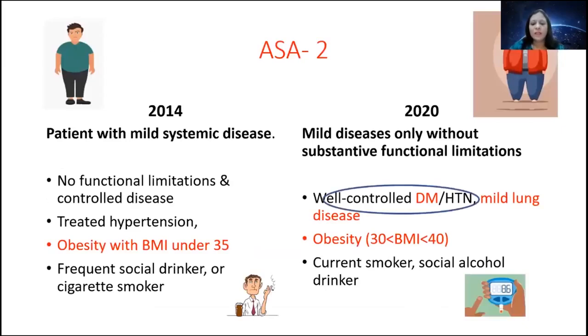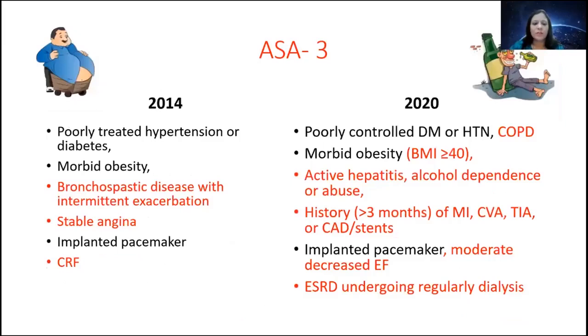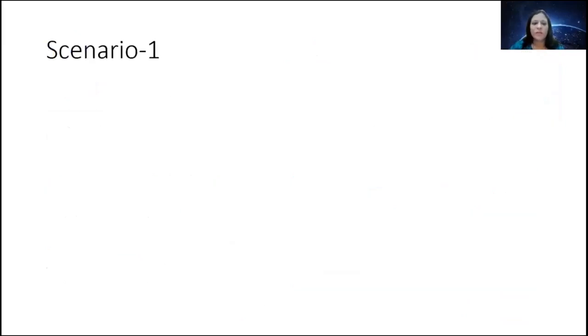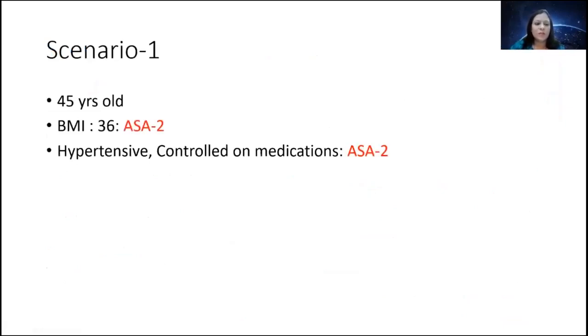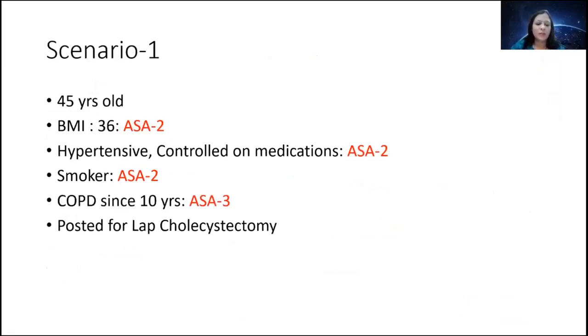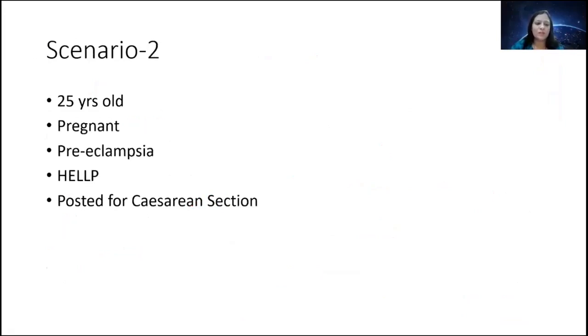Why? Because BMI of 36 falls under category 2. Hypertension controlled on medication is ASA 2. Smoking is under ASA 2, but COPD is under ASA 3. So this patient posted for lap poly is an ASA 3 patient.